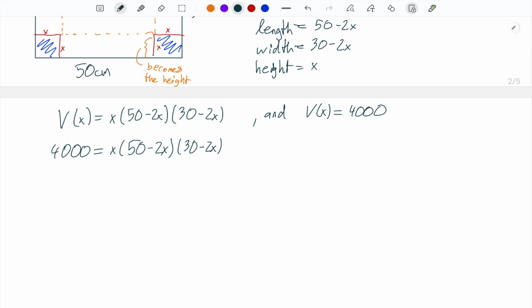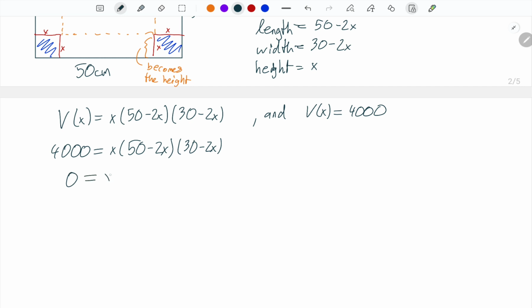We can solve this. It almost looks like we're already close to solving it because it looks factored, but we're not quite factored. Because even though on the right-hand side we do have those 3 things multiplied, to solve the equation, we need to have everything, including that 4,000, on the one side of the equation.